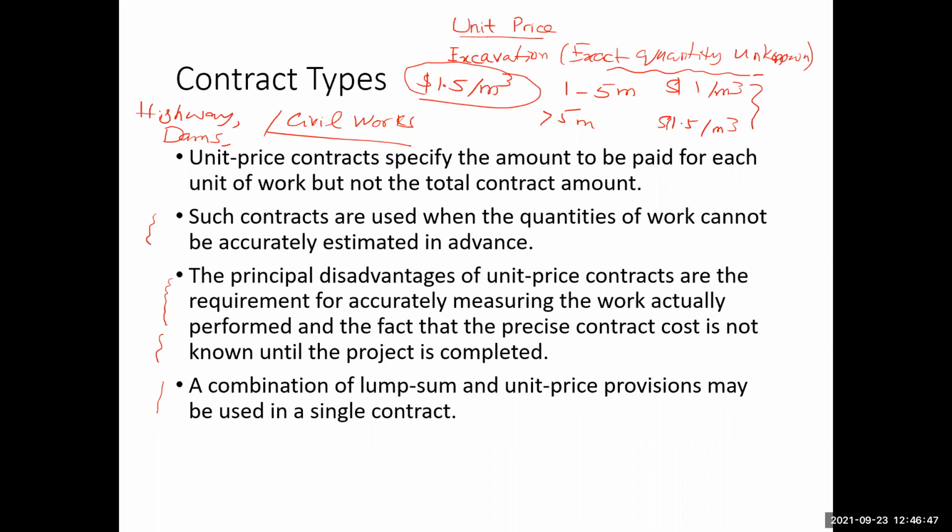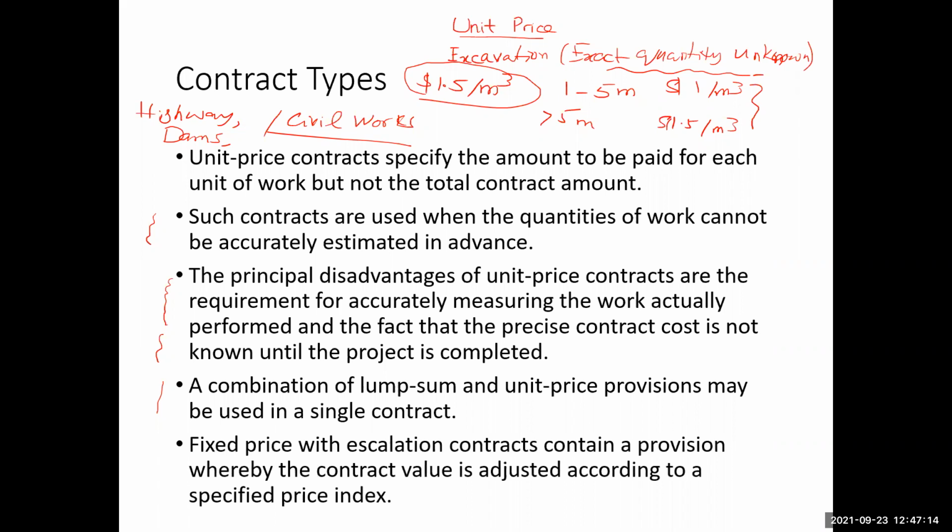And similarly, inside of a building project, some of the works may be priced out as unit price contracts as well. So combinations of both are also possible. There is nothing like everything is unit price or everything is lump sum for every situation. Every type of situation can exist.